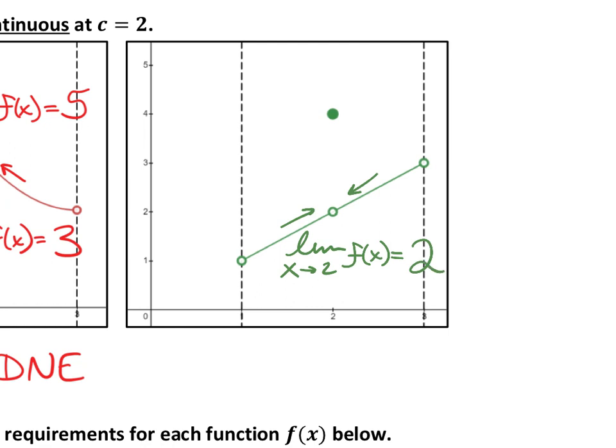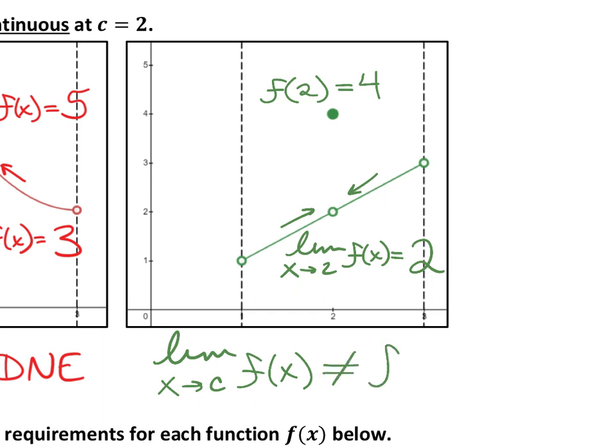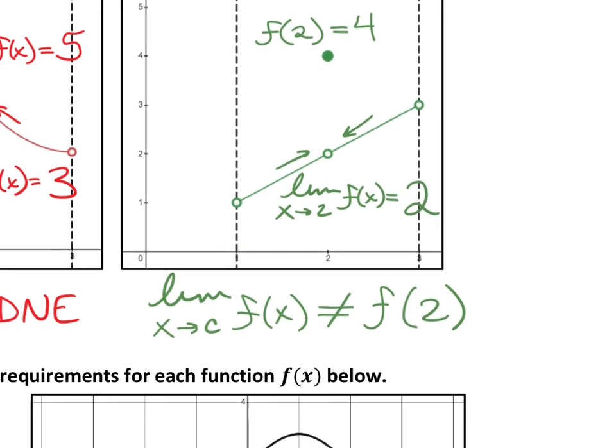But here's the problem. If you actually look at what happens when you plug in exactly 2, what's the value of that point? 4. Are those the same numbers? So requirement number 3 fails here. The limit as x approaches c for this function is not equal to the actual function being evaluated at 2. So that's a problem.